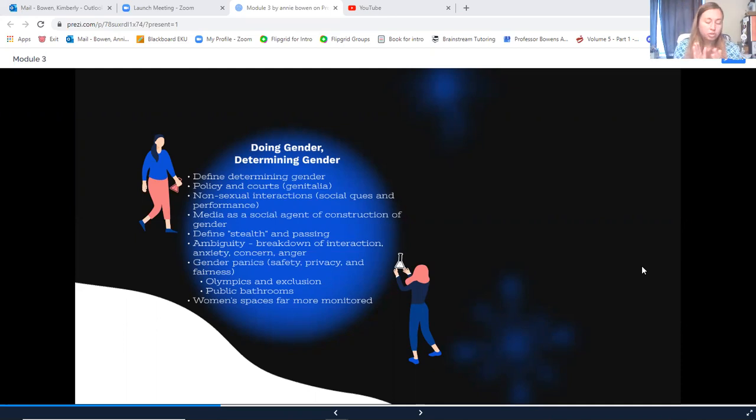When we talk about determining gender in the courts, we're specifically talking about the use of genitalia, hormones, and other kinds of markers as a way to embody those things.